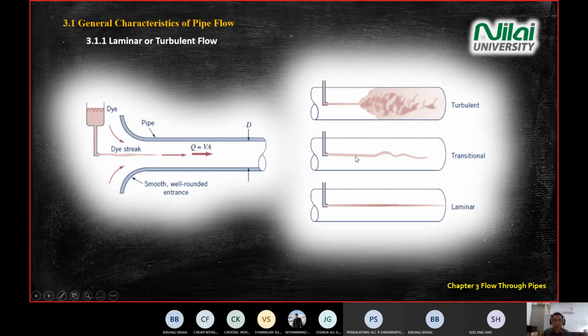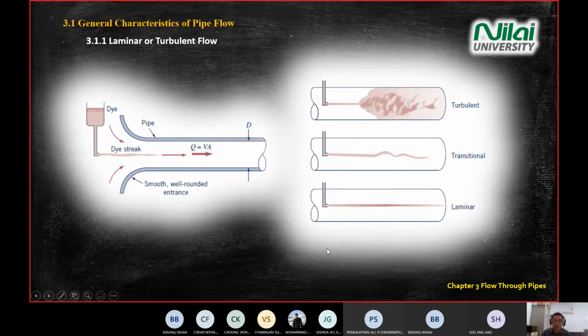You will see some deviation or waveform of the dye, or a slight change of velocity direction, and then it comes back. When it becomes more and more mixed, it becomes turbulent.